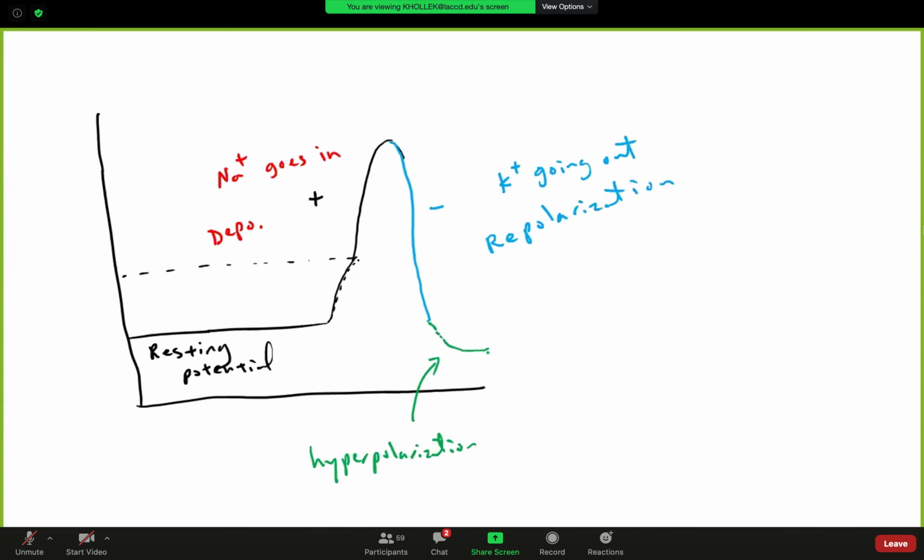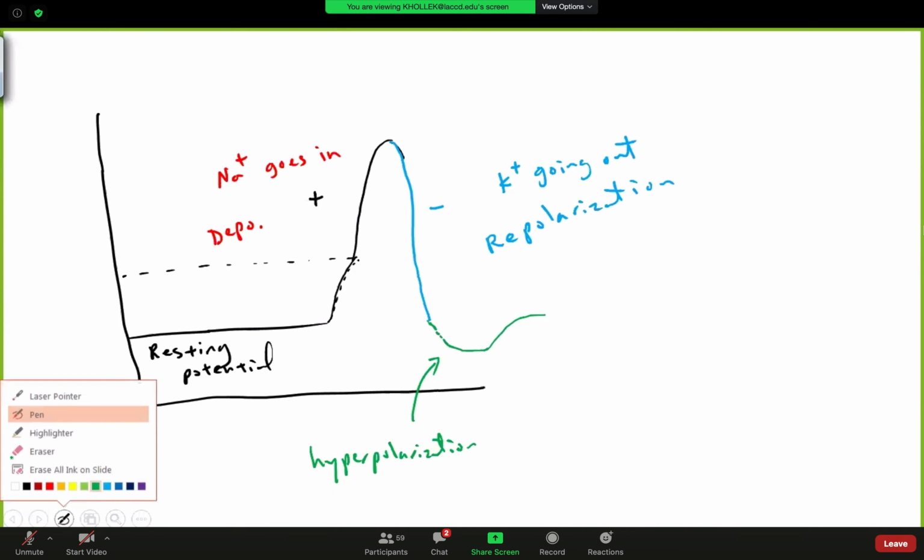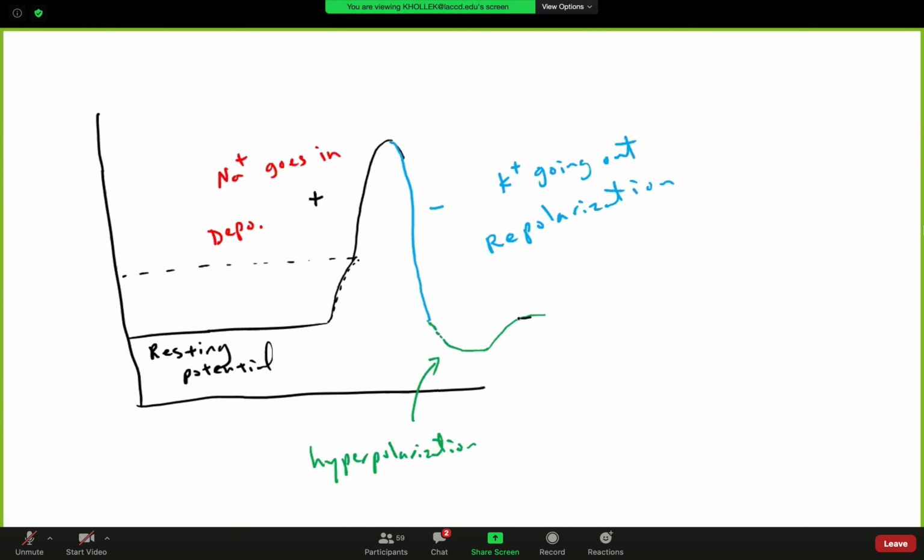But then again, the sodium potassium pump restores everything, and you're going back to the resting potential. So in a nutshell, that is what is happening during the action potential events. All right.